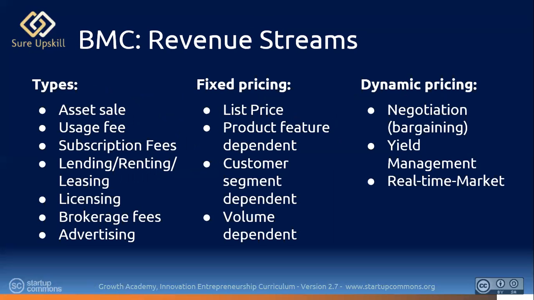I talked a little bit of this on the last page: licensing, brokerage fees, list price, product features, customer segment dependent, all those other things. And then there's dynamic pricing. There is negotiation. You may want to enter into this, or ask the customer what is the maximum price he wants to pay, things like that, and then find a product which suits him.